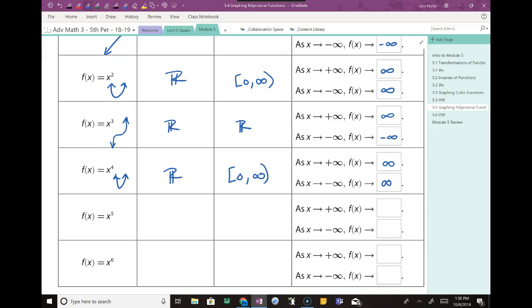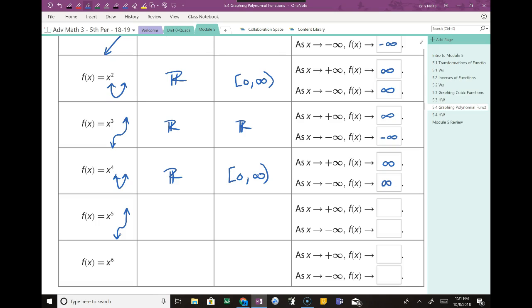Does anybody know what an x to the fifth function looks like? Is it a John Travolta? It is a John Travolta, and just a slightly more rigid John Travolta. And then x to the seventh is a John Travolta. Wow, did you catch it? Anything with an odd degree is going to look like a John Travolta, and anything with an even degree looks parabolic.